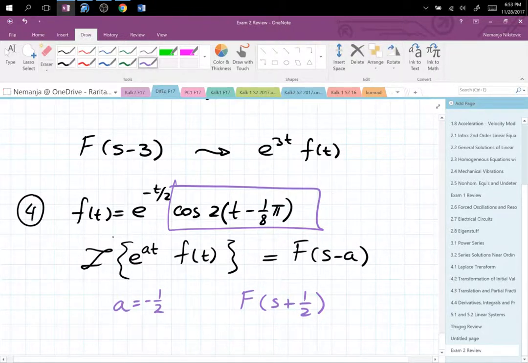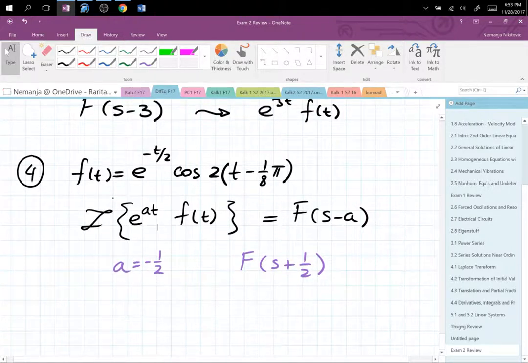What's the Laplace transform for this? Go to the chart. It's a regular cosine, it's not the hyperbolic. So it's going to be cosine kt, cosine 2t. So what do we get? s minus a over s minus a squared plus k squared.